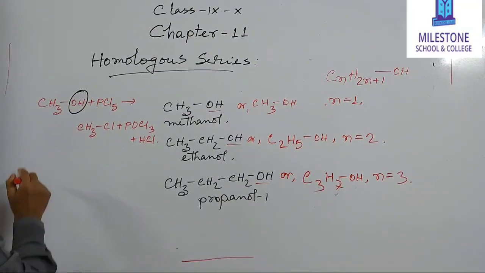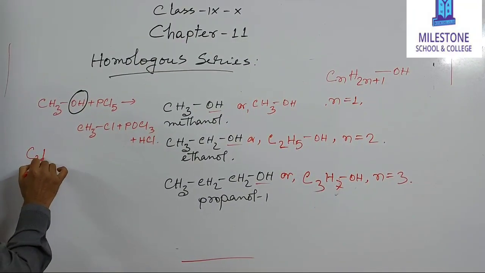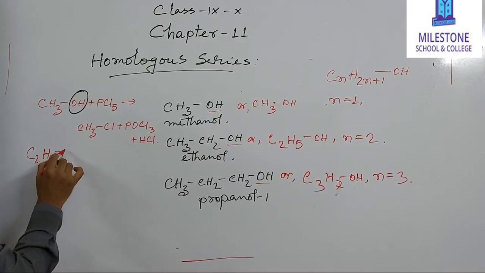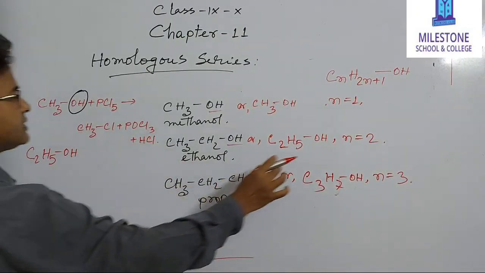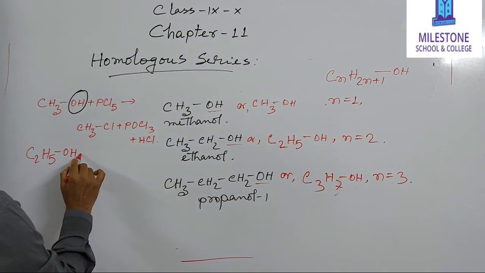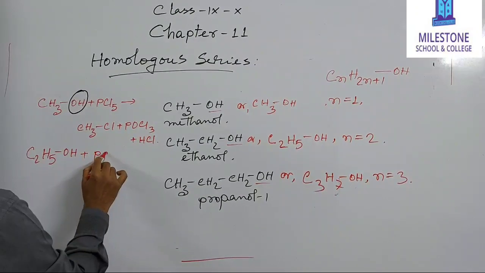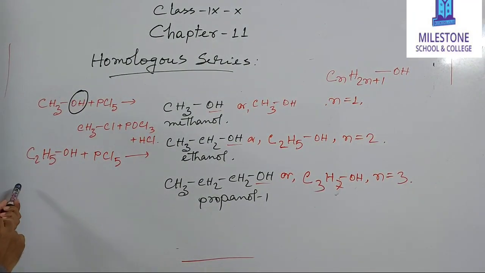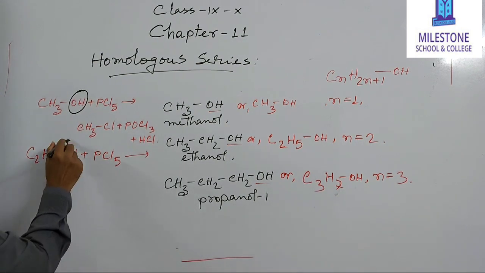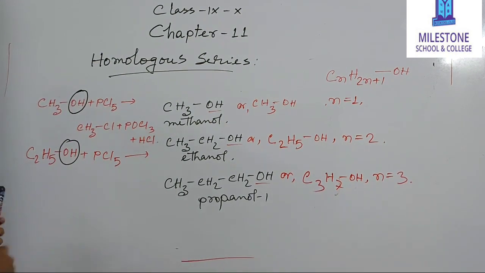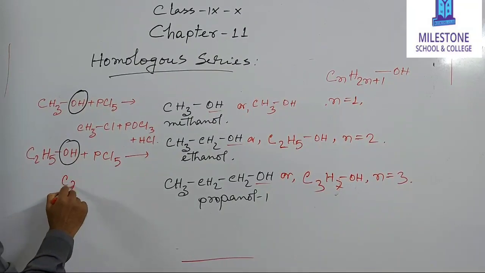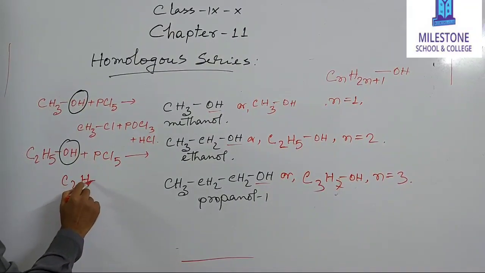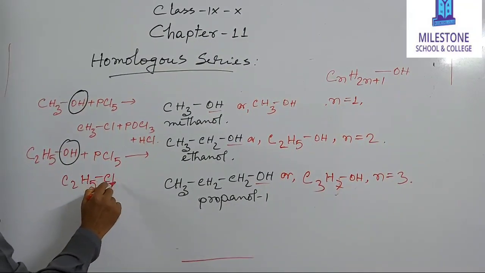Again, ethanol, C2H5OH, plus phosphorus pentachloride: here the OH group will be replaced by chlorine, and the other part of the compound, C2H5, will remain unchanged.